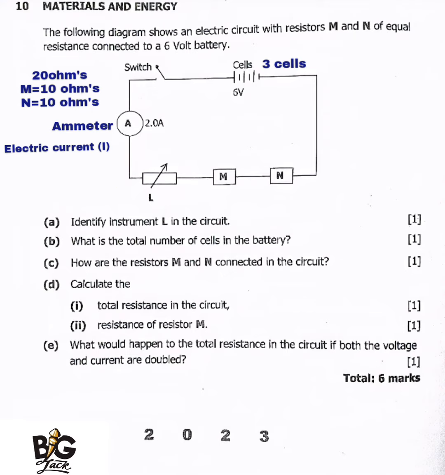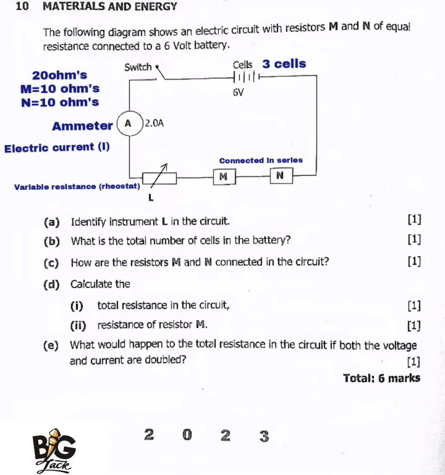As for this L here, it is called the variable resistance, or we can say rheostat. Then M and N are resistors.